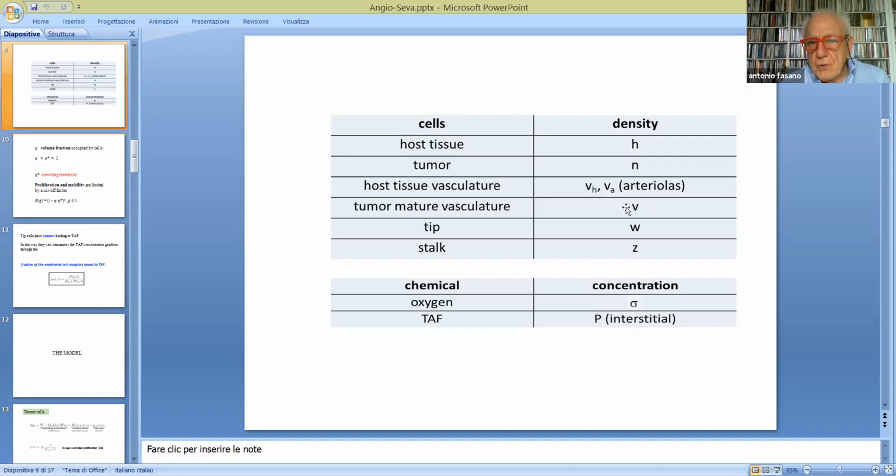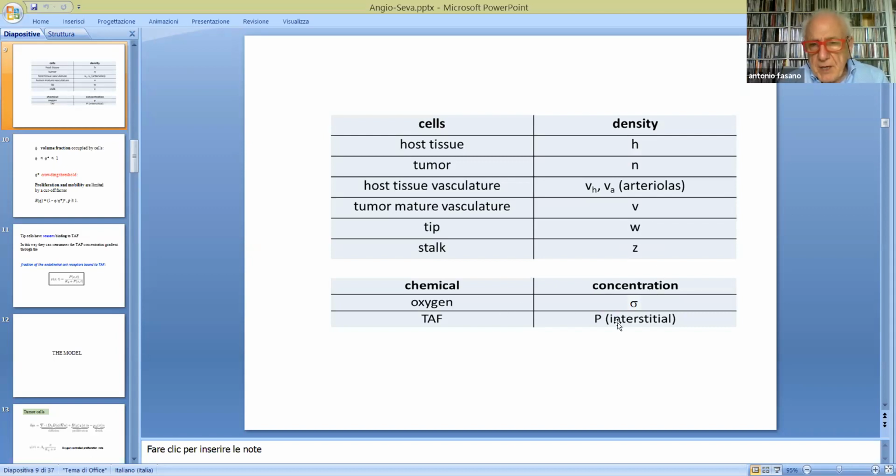We have the newly formed mature vasculature in the tumor, with concentration denoted by V, and the other two types of cells, W and Z, and W in particular is a kind of cell which is responsible for the choice of the direction in which the new vessel grows.